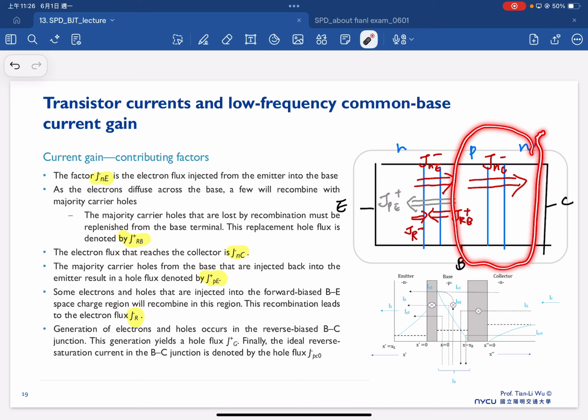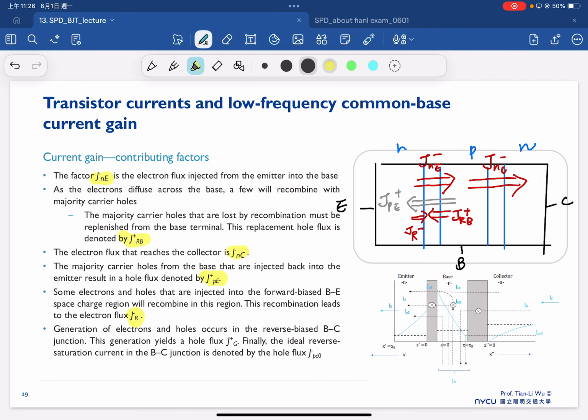If you still remember what we have been talking about, under reverse bias there is a chance of electron and hole generation, and therefore this generation yields the hole flux JG plus, which is shown here.